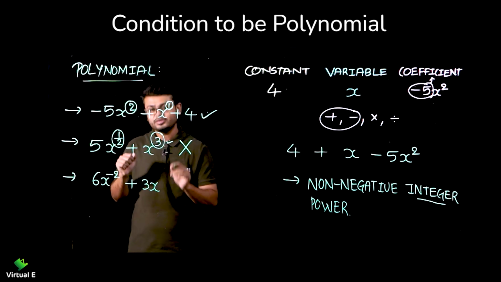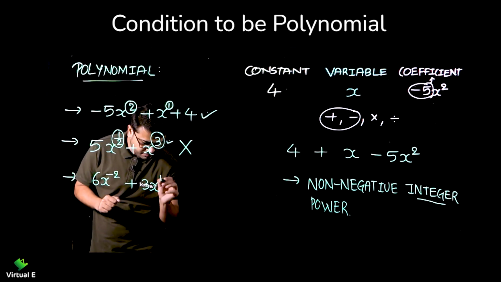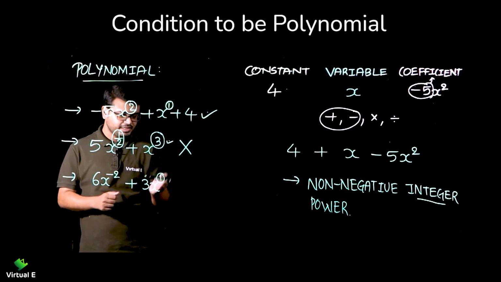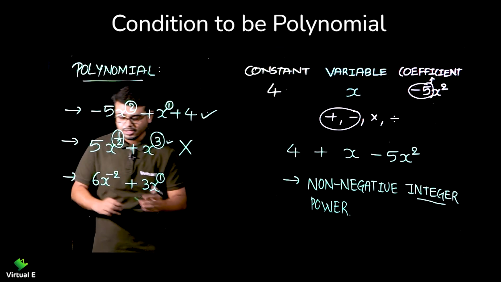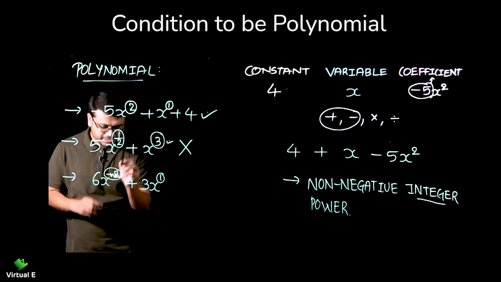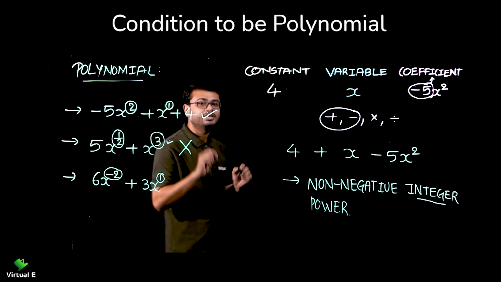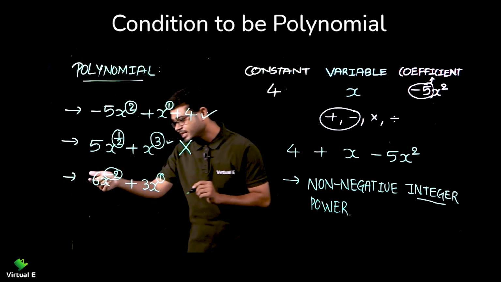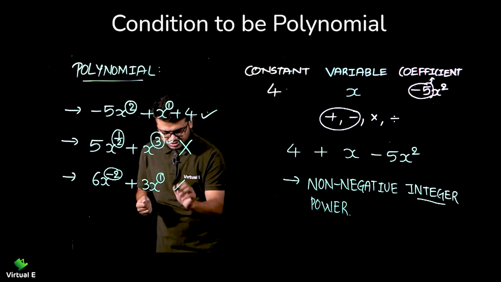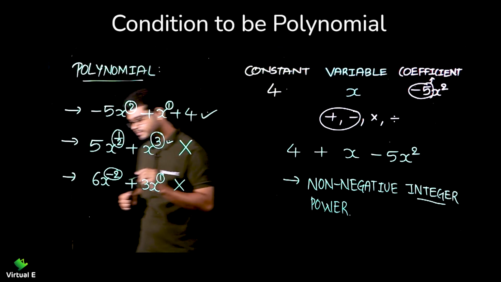Now let's talk about the powers again. Here power is 1, so that is accepted, a non-negative integer. But here minus 2, is it non-negative? No, it is negative. So this cannot be a polynomial. So this is also not accepted.